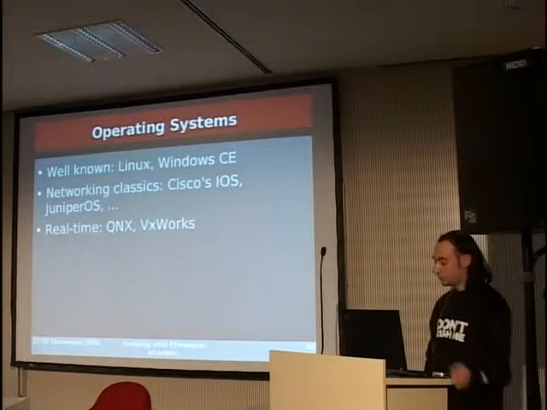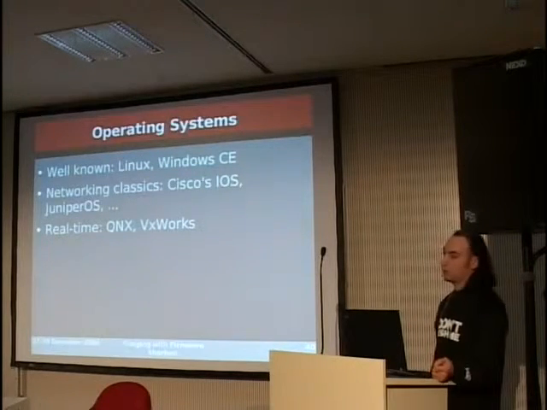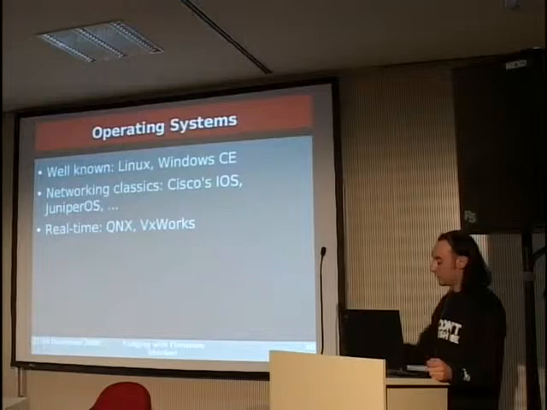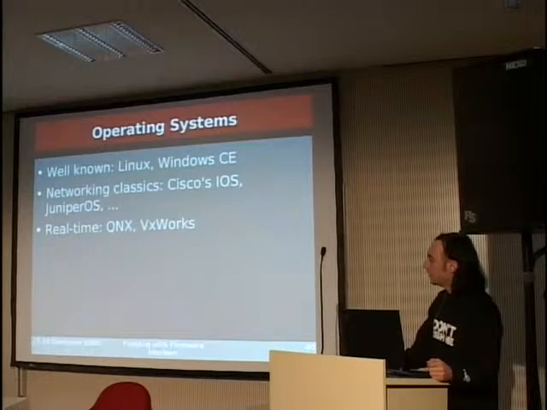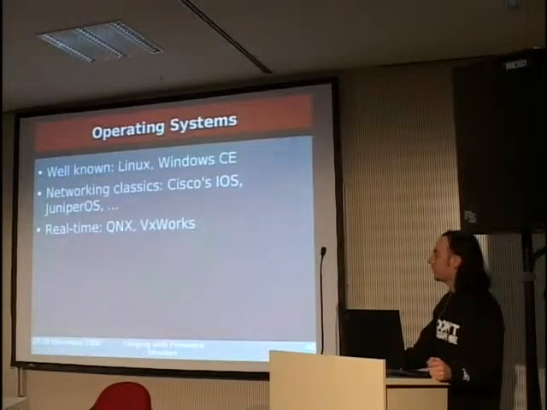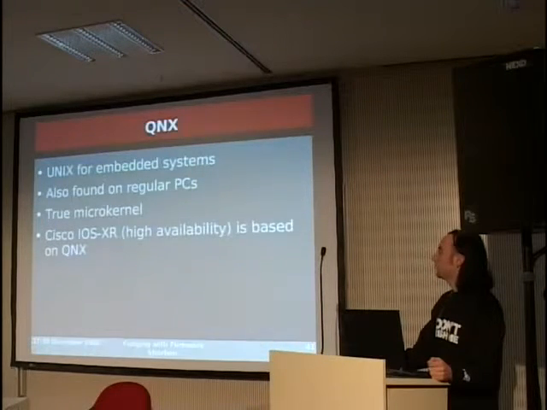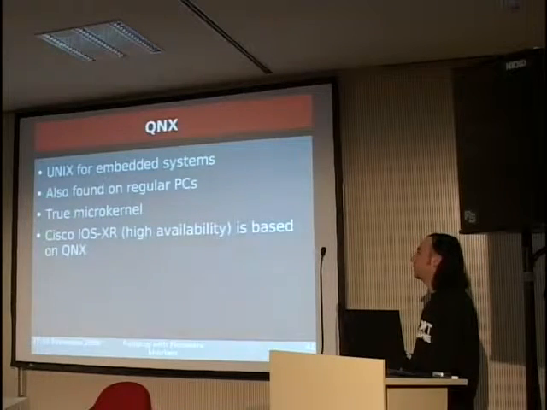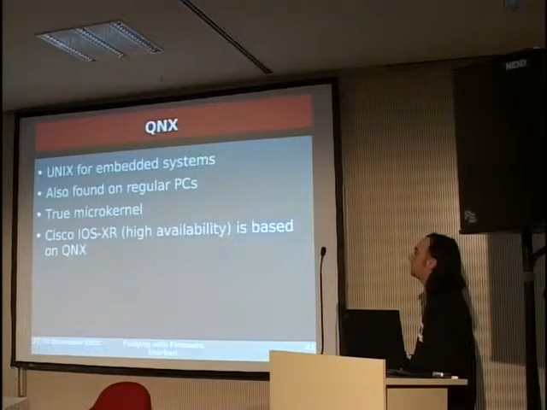Operating systems now. Besides the very famous ones like Linux or Windows, you may want to play around with Cisco iOS, or you may find in consumer markets some real-time operating systems, just like QNX or VxWorks, which I'm going to introduce now because they're not very well known for the public.